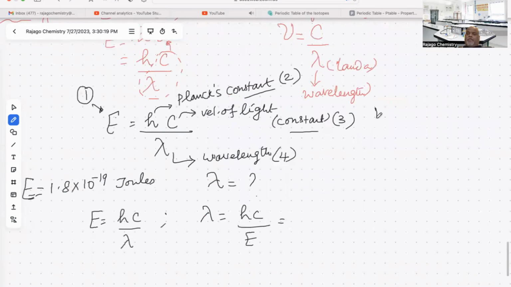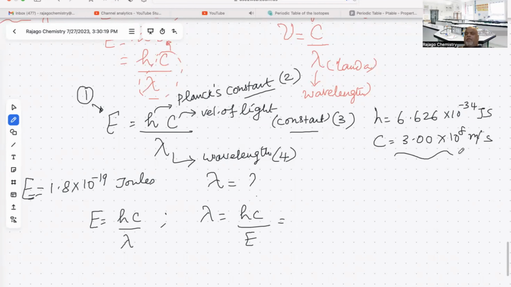Planck's constant, h, is equal to 6.626 times 10 to the power of minus 34 joule seconds. And c is equal to 3.00 times 10 to the power of 8 meters per second. This is given mostly in all the books and in the reference sheet also. So you can use them.